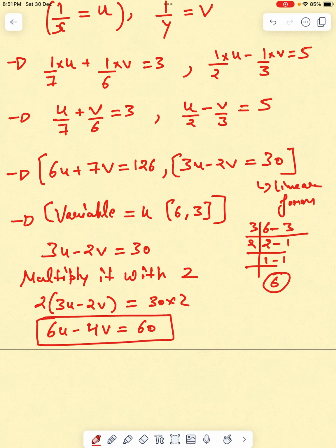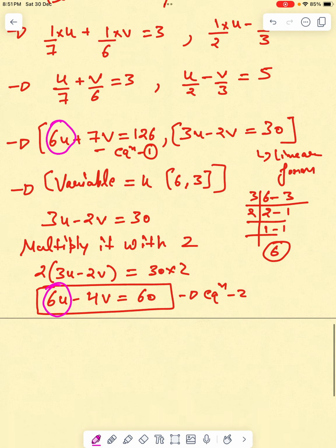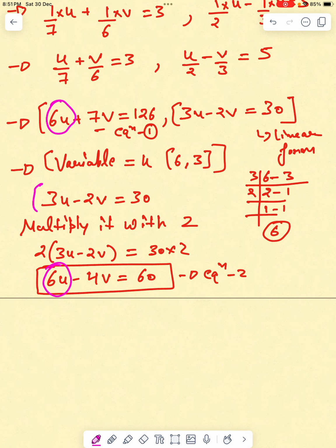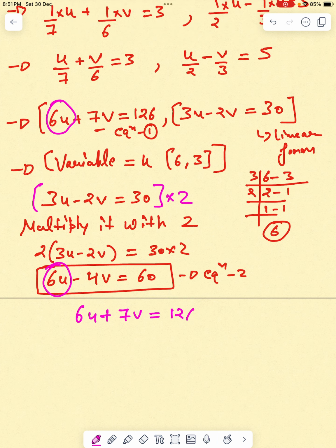So you can see this is our equation number 2 and this is our equation number 1. You can see clearly that the coefficients of u in equation number 1 and equation number 2 are the same. We get it by multiplying equation number 2 by 2, right? So what next? We will subtract equation number 2 from equation number 1.